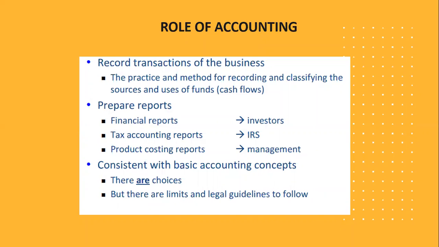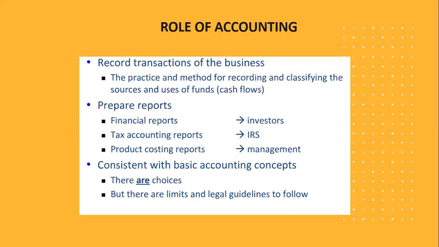Okay, so the role of accounting. There are several different roles. The accounting department in any company has to report all the transactions of the business, and they have to classify and understand exactly what's going on, what expense or revenue falls in which bucket. The accounting department also needs to make several reports.